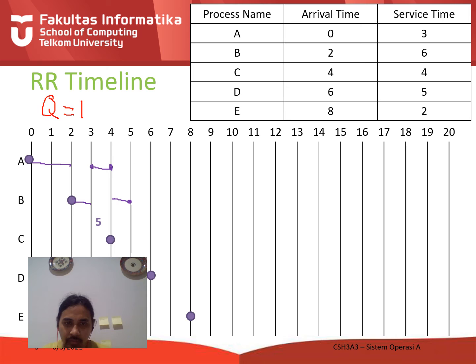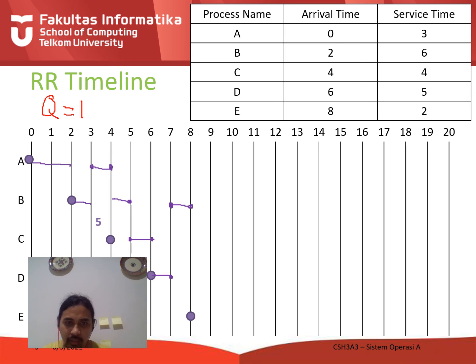So B will go for 1 second, and then C will go for 1 second, and it should be B again, but now because D is here, D will run for 1 second, and because E is not here yet, B will run for 1 second. Here we need to be careful. We need to observe how many times B has been completed.